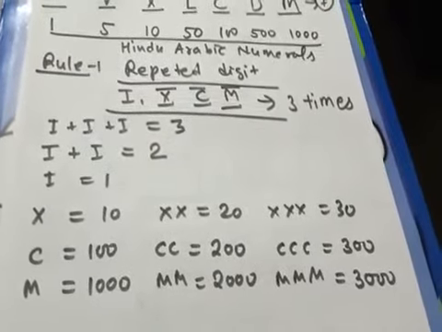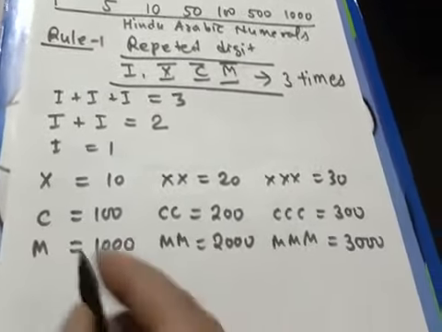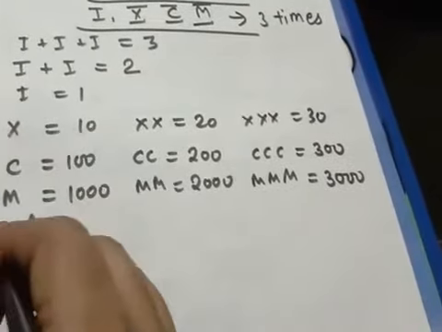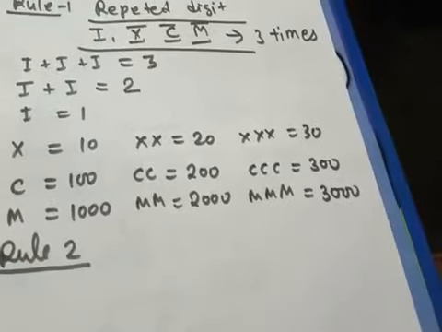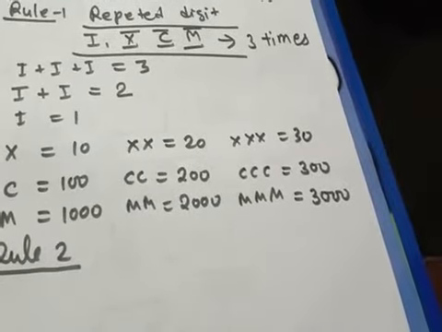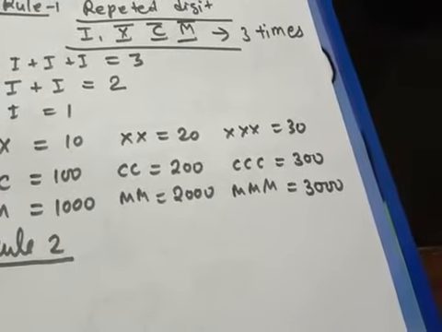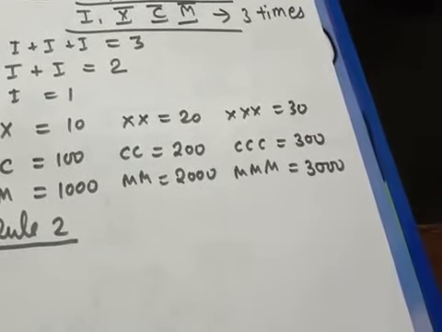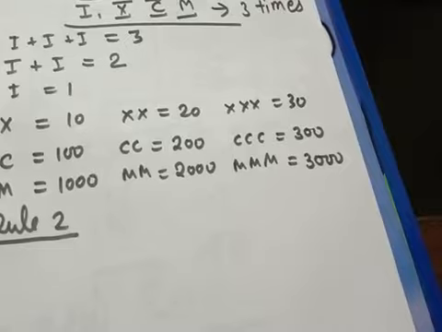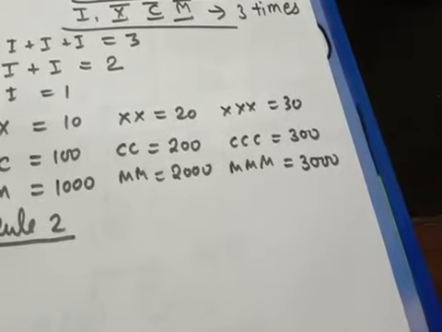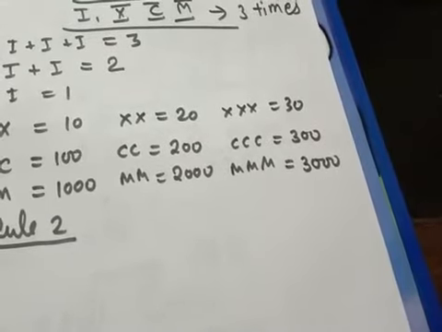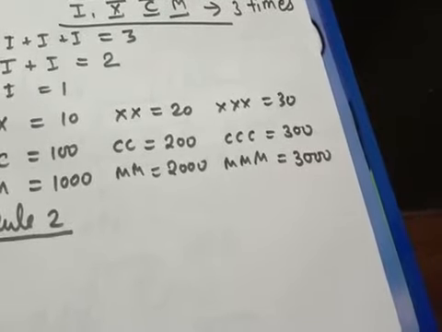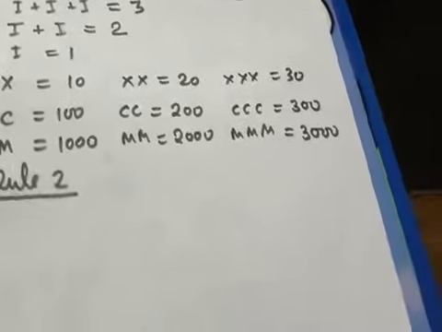Now rule number 2. Listen carefully: if a symbol of smaller value is written to the right of a symbol of greater value, it is added to the greater symbol's value. How? Look at the example.